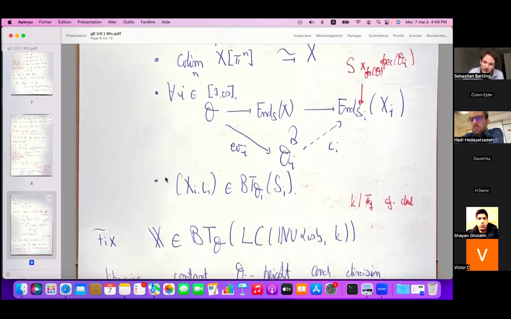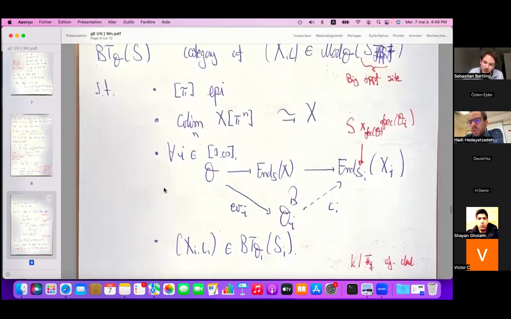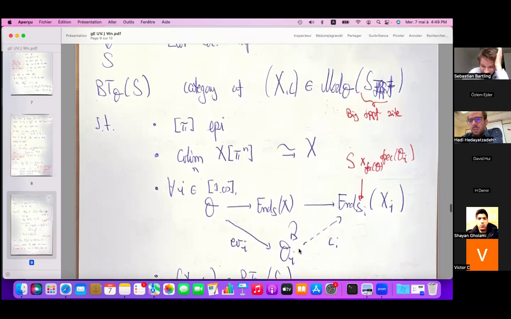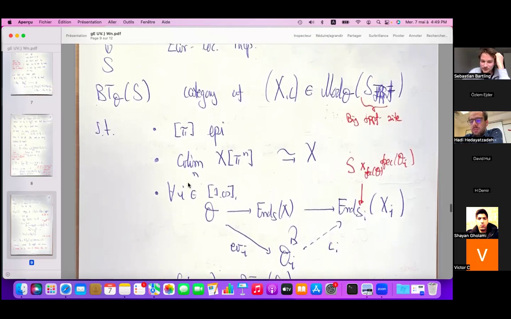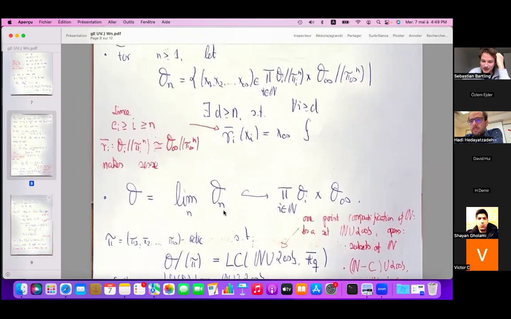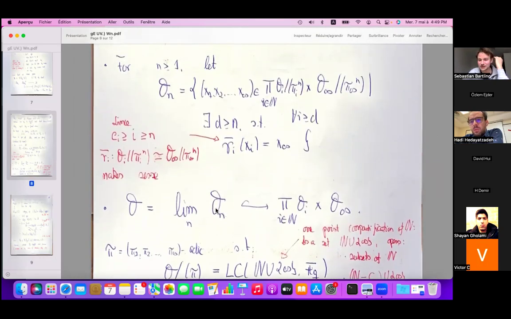Sorry, there's something confusing. You had O_n and you had OI. These are different things, right? Oh, that's again that notation. Right. OI is really the ring of integers in the p-adic field F_I. The O_n is really O mod pi to the n.